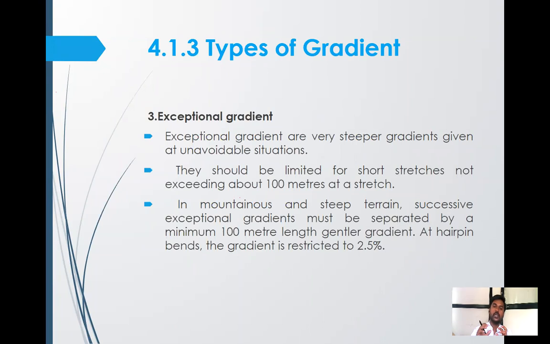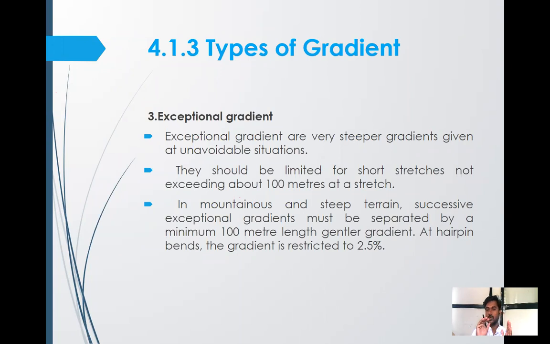So see here, whenever we need to provide the exceptional gradient in hilly areas, if there is no other option and a longer distance is required for providing the exceptional gradient, then in that condition, if the length of the exceptional gradient is increasing, we have to provide the exceptional gradient with less than 100 meters of length.